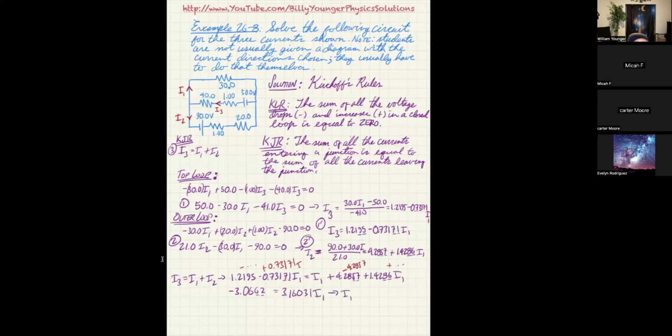So I1 we can figure out is obviously going to be negative, but it's going to be, this gives me 0.97022 amps for I1.